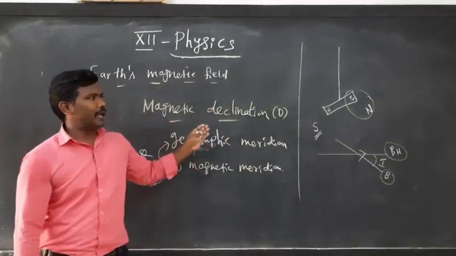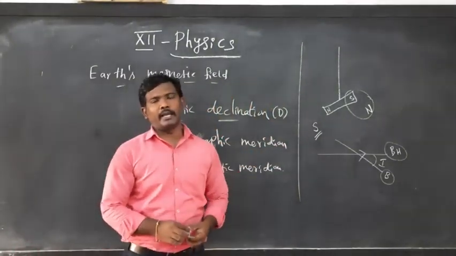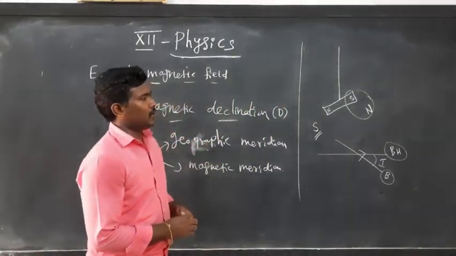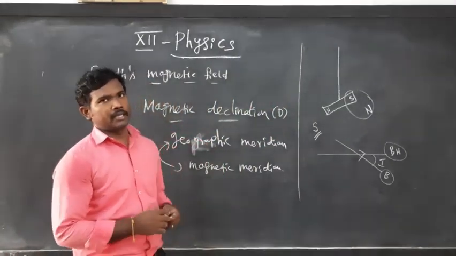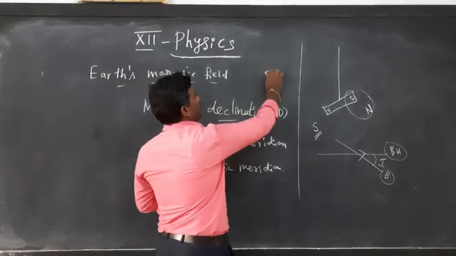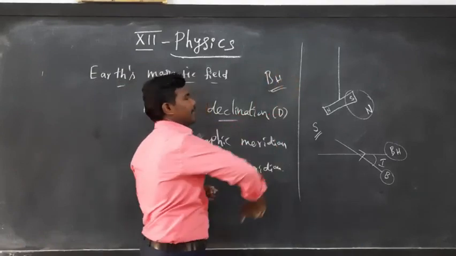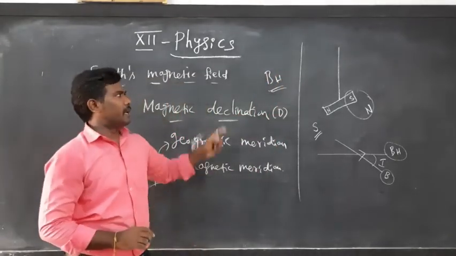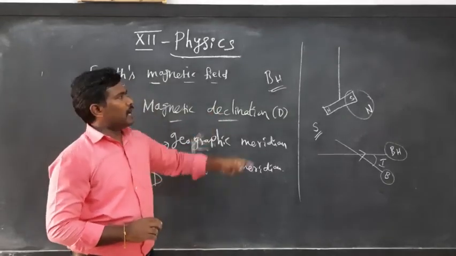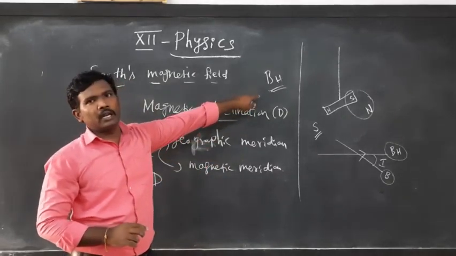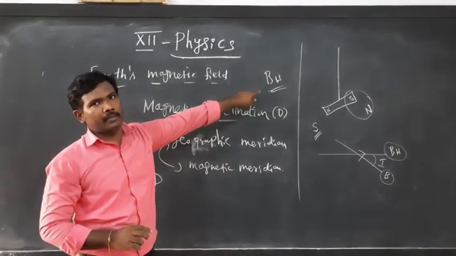One is for magnetic declination, another is for magnetic inclination, and another statement we already discussed. That statement is BH. BH is the horizontal component of earth's magnetic field.